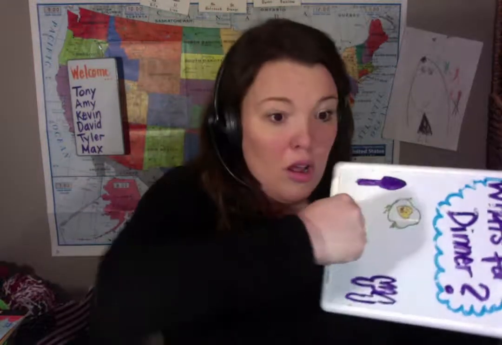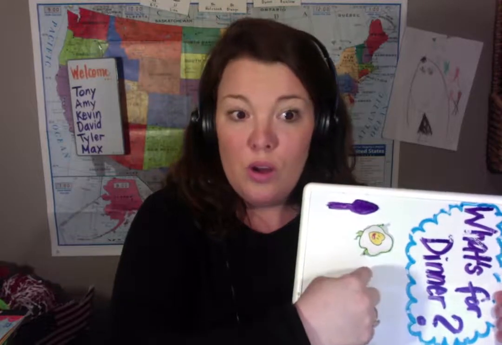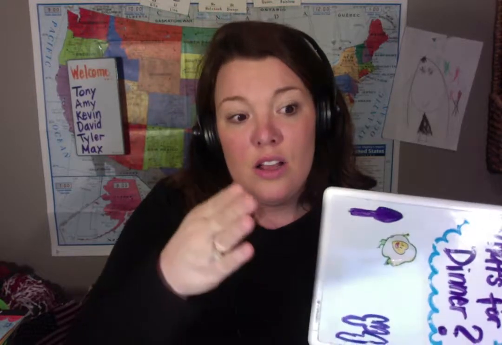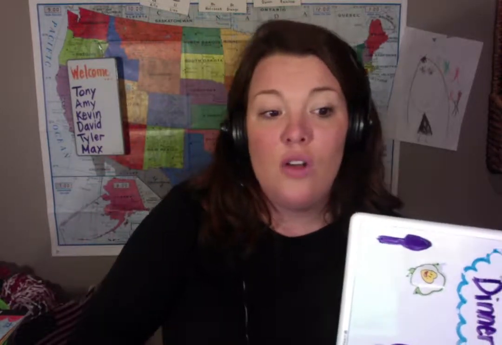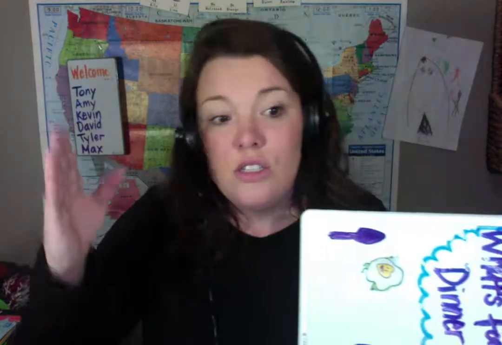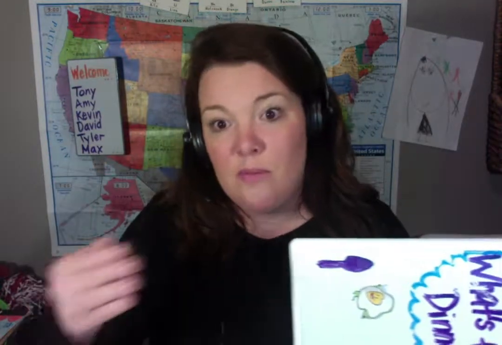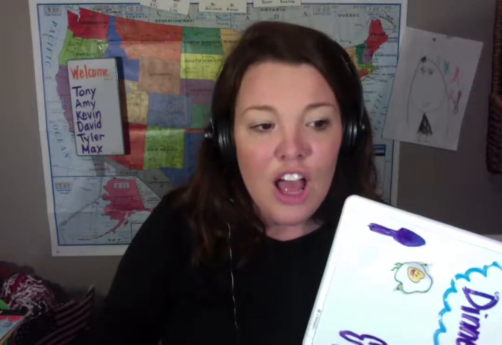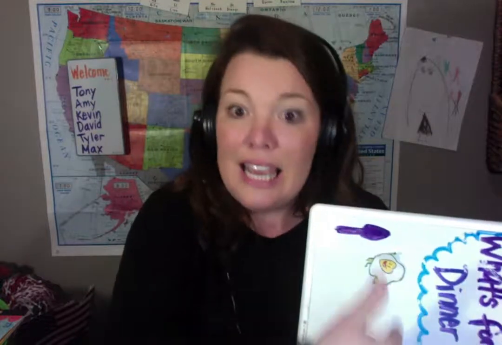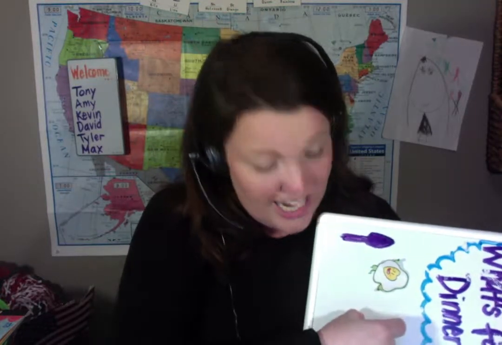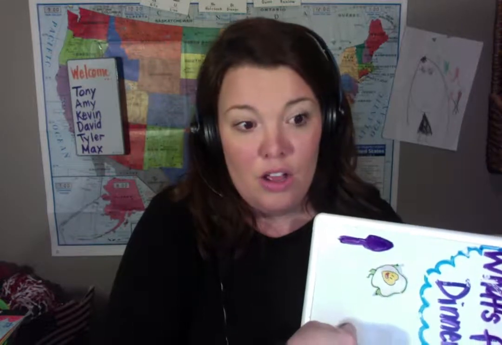But what I would suggest is on your whiteboard, explain soft C and how soft C can be followed by E, and how soft C can be followed by I, and soft C can be followed by Y. And you don't explain that, but you say C is followed by E, and then I wrote CE, and then on either side of that, NT, scent, ice, face, once, and had them read it.